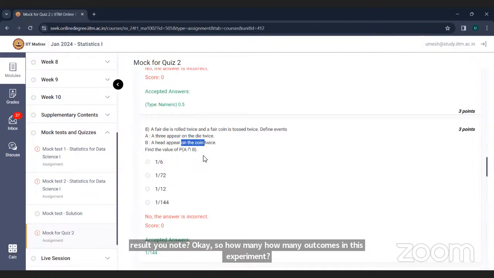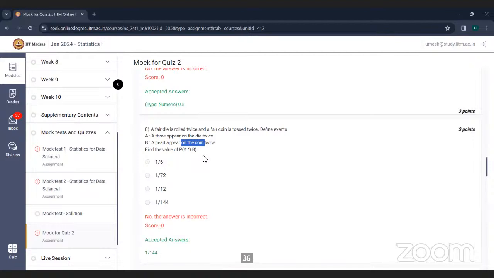They gave that both times 3 came, so you got 3 and 3. Similarly, he tosses a coin and heads appears twice, means head head. First he tossed and got head, and the second time he also got head.